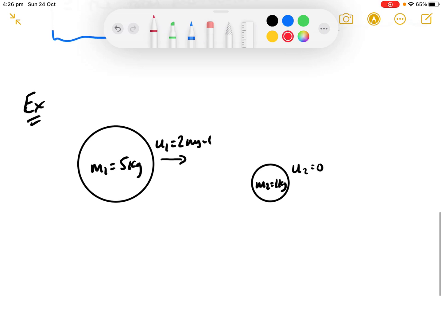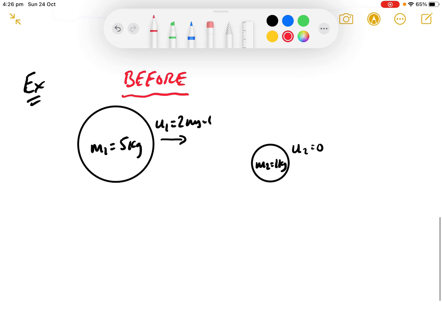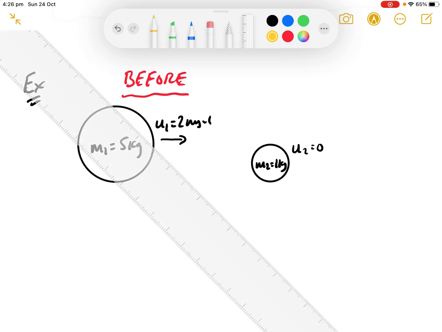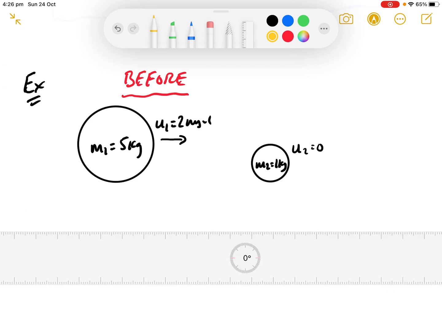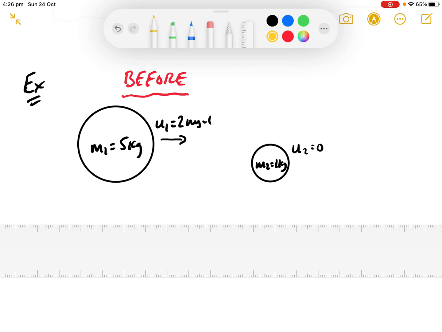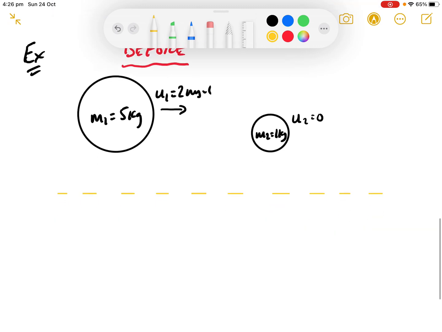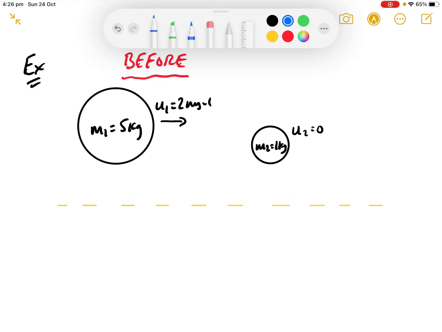So we'll call this our before the collision. And they're going to collide. M2 is at rest here, but it needn't be at rest. It could be moving, just be aware of that.